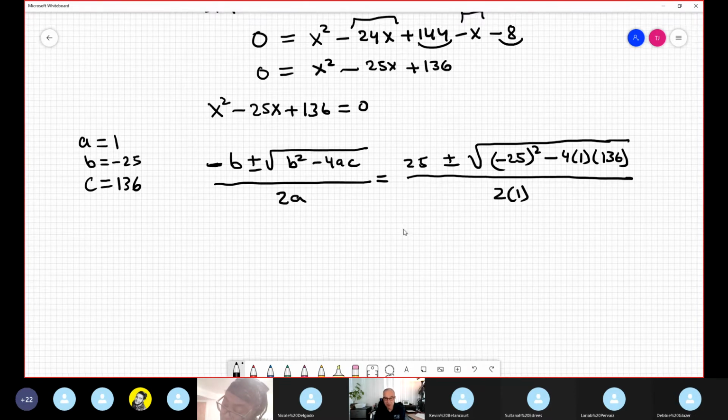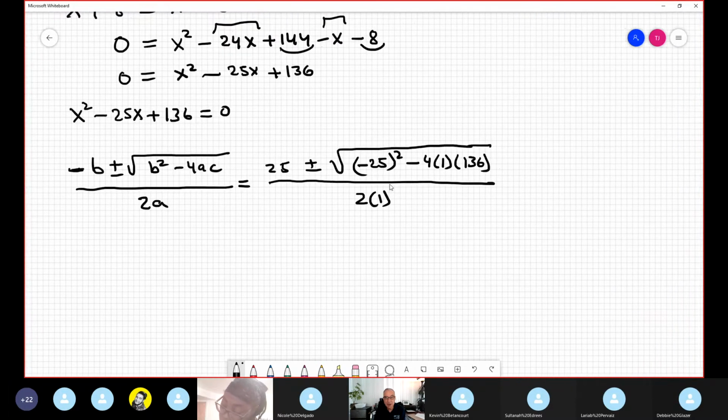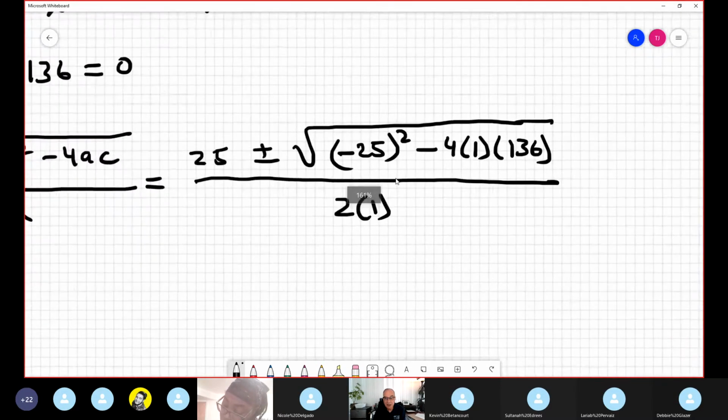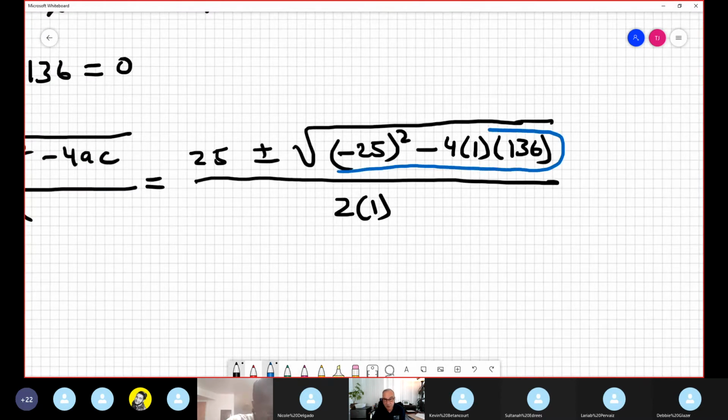Okay, so now we focus on the expression inside. Of course, I use my calculator. I put in my calculator negative 25 squared, which is 625.